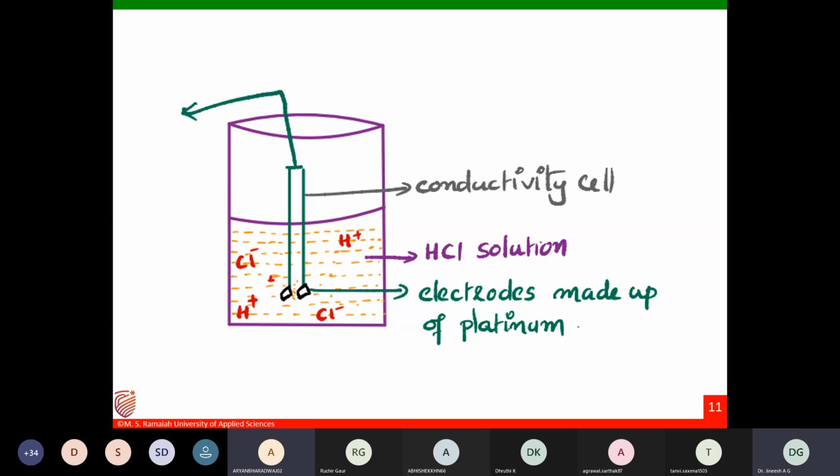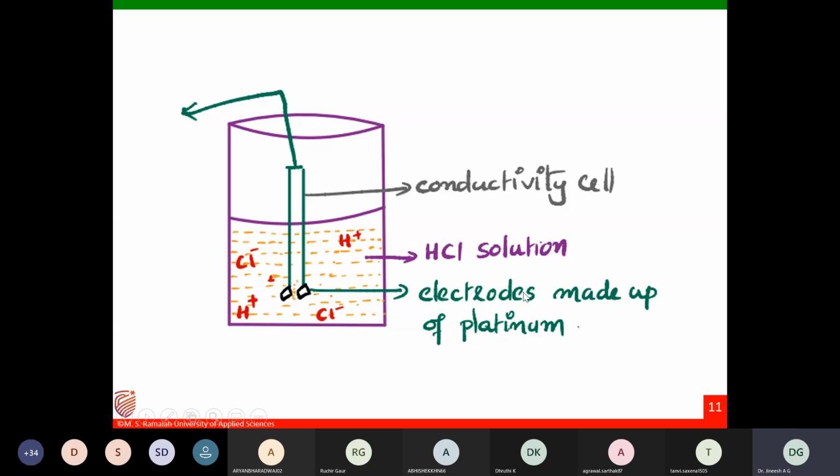To measure the conductivity of that HCl solution, I have to dip the conductivity cell. This is the representation of the conductivity cell. I dip the conductivity cell inside the solution. Now, can you see the representation of two platinum foils at the tip of the conductivity cell?